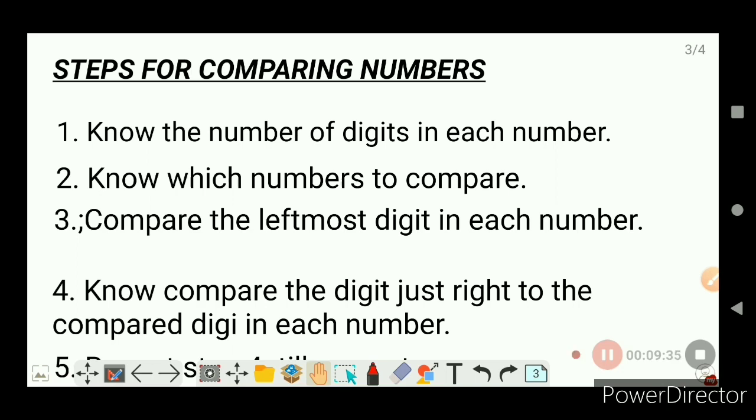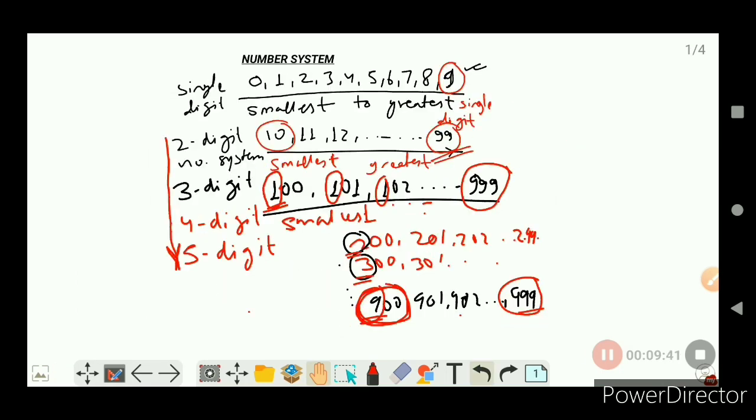So which one is greater? You will say, sir, we have just seen this in the previous slide, that the number system increases with the number of digits in it, right? So if we have a 4-digit number, it will definitely be greater than a 3-digit number and a 2-digit number.